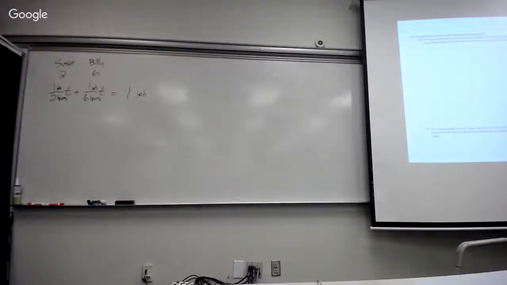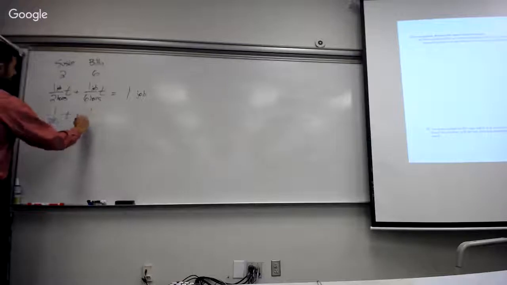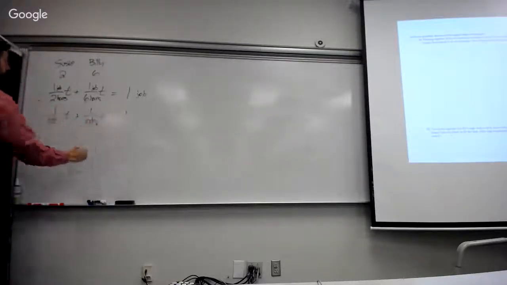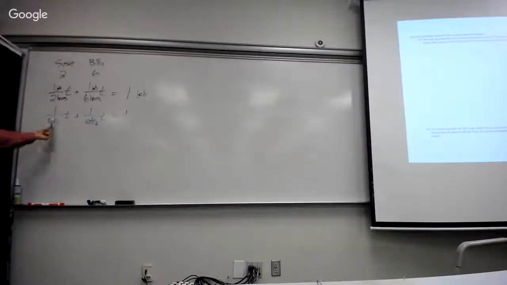So I'd like us to generalize that. What this is, is 1 over the first person's rate, so we'll call that rate 1, times the variable t, plus 1 over the second person's rate, we'll call that rate 2. And the important thing to note is that this rate is the first person's rate, this rate is the second person's rate, and t represents time together.